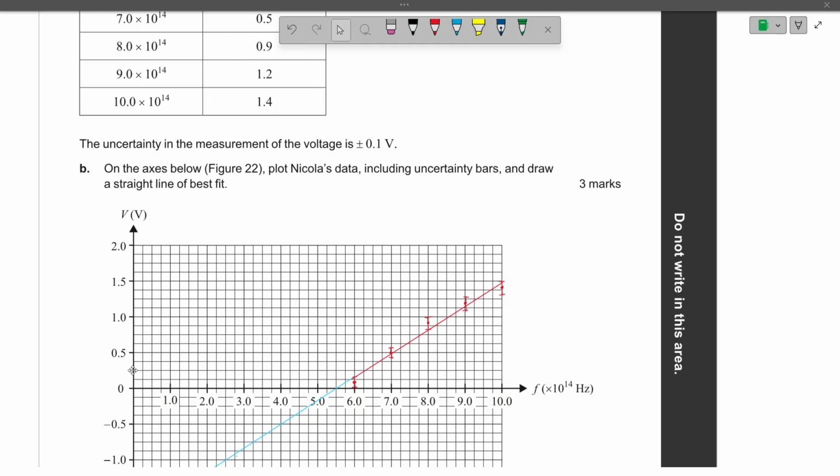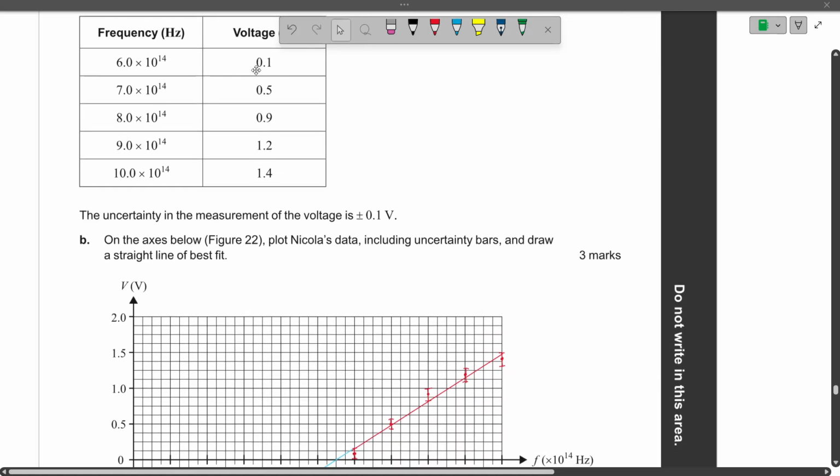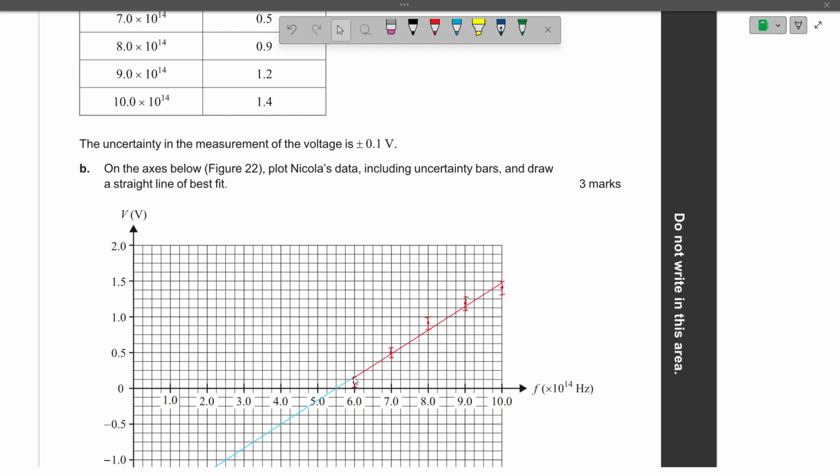I would really have liked it if each of them was divided into 5, so each mark was 0.1, but that doesn't happen. So you just have to be really careful with where you place your vertical values, and note that each tail of your uncertainty bars should be plus minus 0.1 volts. Be as careful as you can doing that.